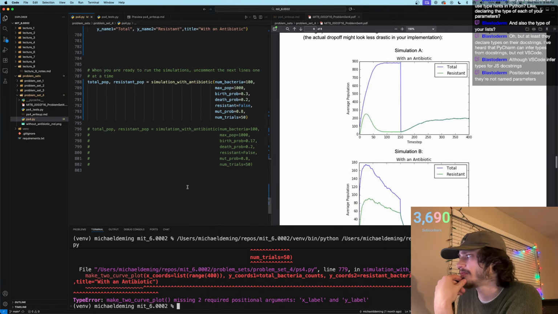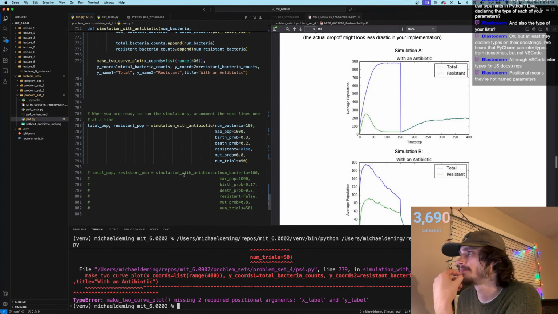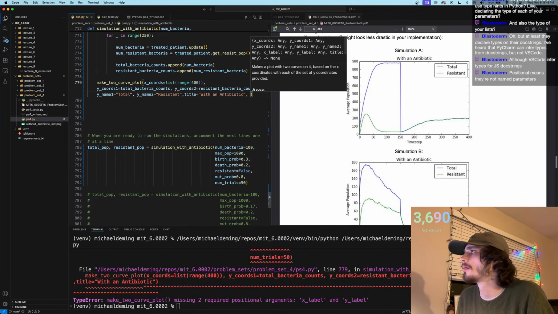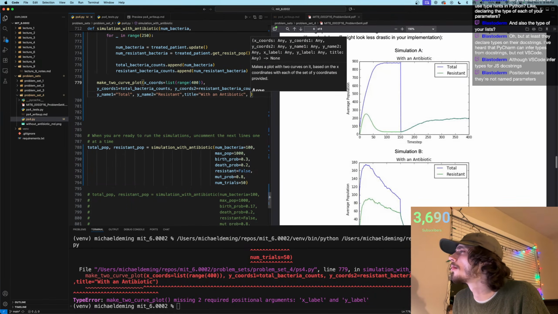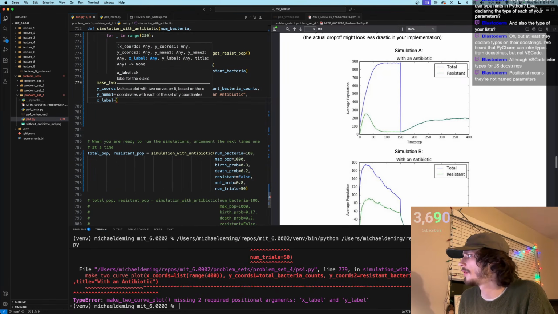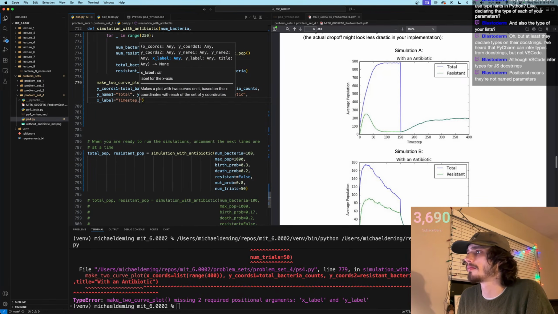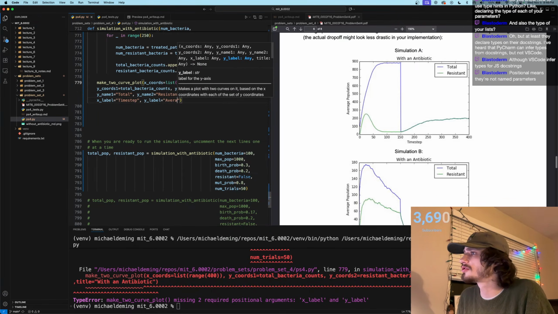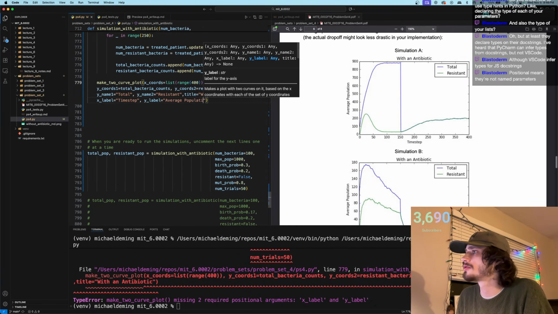Make two plot curves missing X label, Y label. X label, time step, Y label, average population.